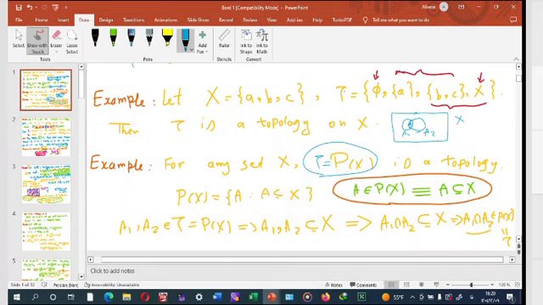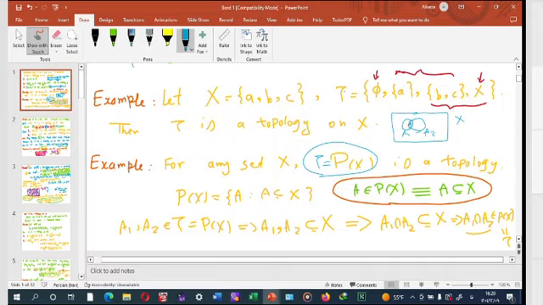For example, we see that the empty set and X belong to tau, and the union of all elements in tau belongs to tau too.